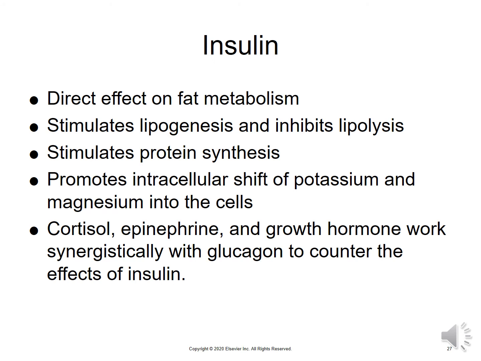It promotes intracellular shift of potassium and magnesium into the cell. So that means in the blood, the potassium is lowered, as is the magnesium. Those are two electrolytes that we definitely want to watch. And just know that cortisol, epinephrine, and growth hormone also work together with glucagon to counteract the effects of that insulin.